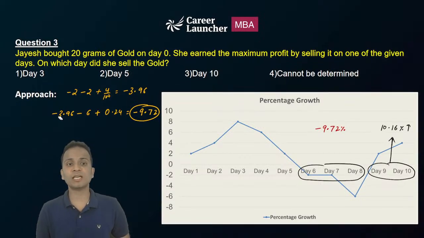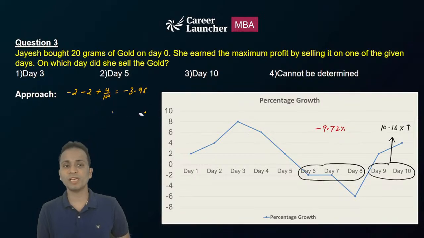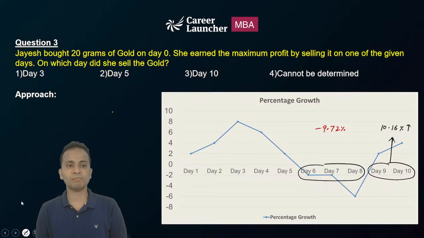Now I have to see the combined effect of these two, if it is a positive effect or a negative effect. Okay, very important calculation, right? So I have minus 9.72 and plus 10.16.